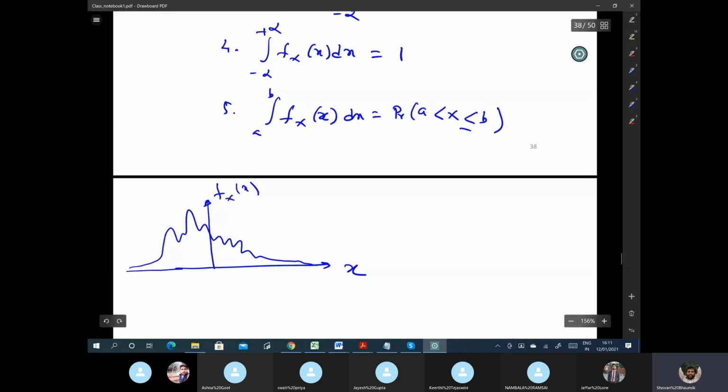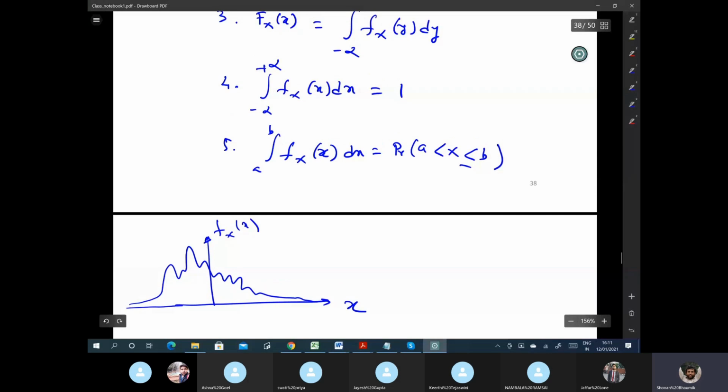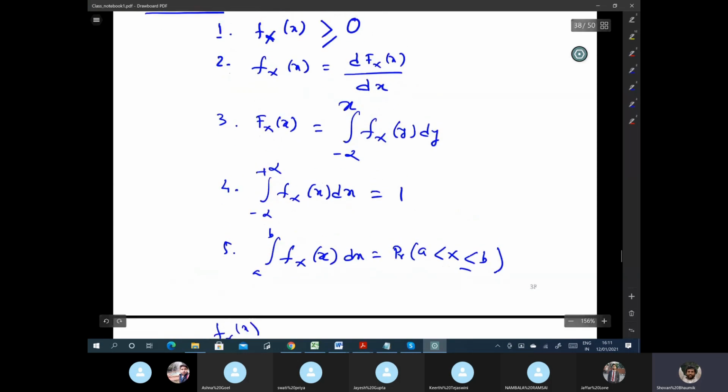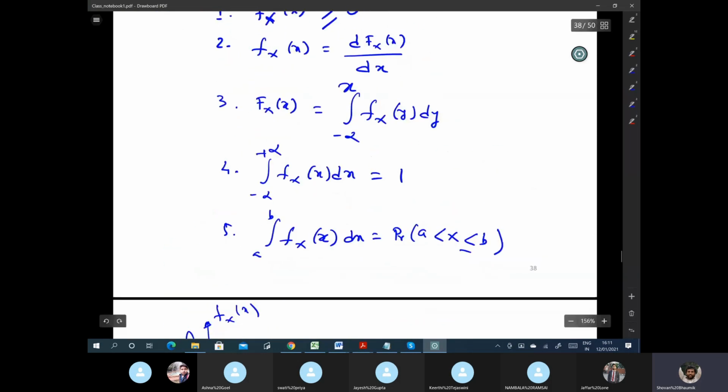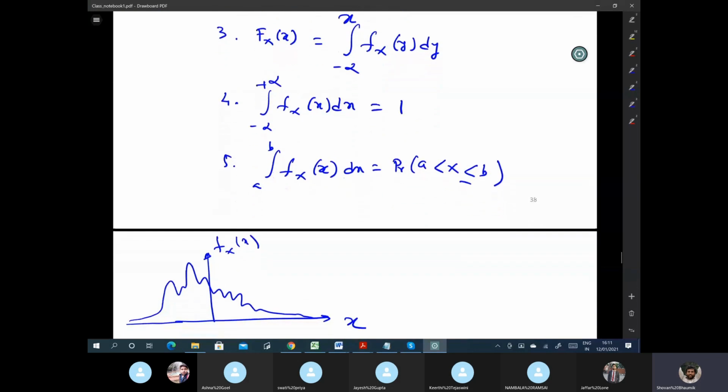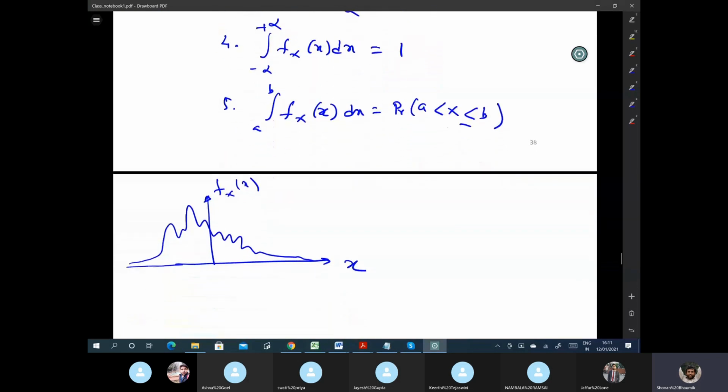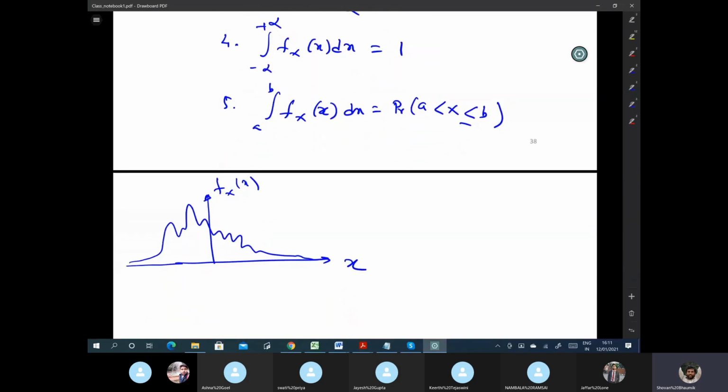Now let's see that here f_X will never be required to be monotonically increasing or decreasing. It can be anything: increasing, decreasing, fixed, no issue. The next thing is that f_X will always be 0 or greater, it cannot be negative. The next thing is that suppose we want to know the probability of the random variable being between a and b.